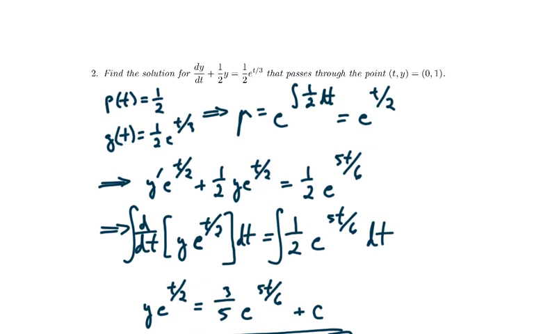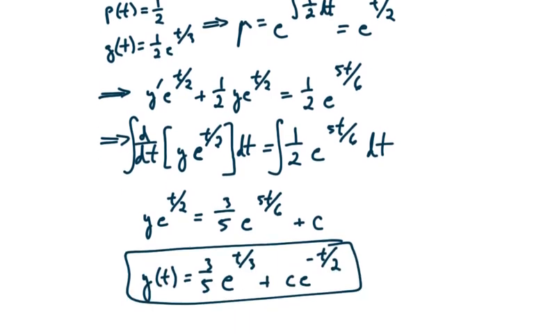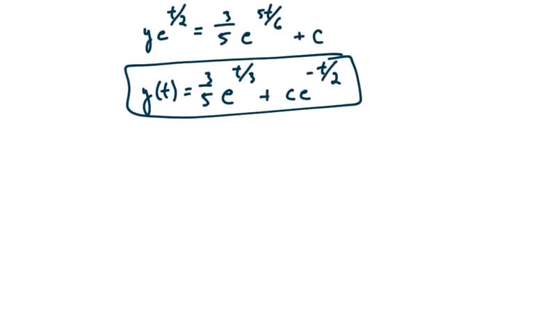So this is our solution. We do have an additional part to this problem, which is to make sure it passes through the point (0, 1), where 0 is t and 1 is y. So we could continue and make use of that.